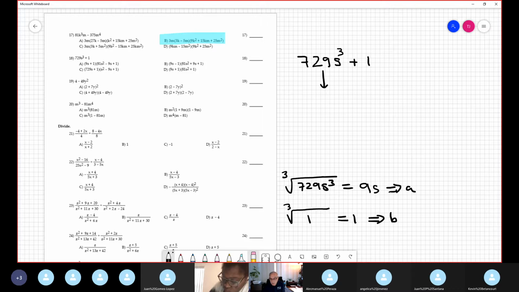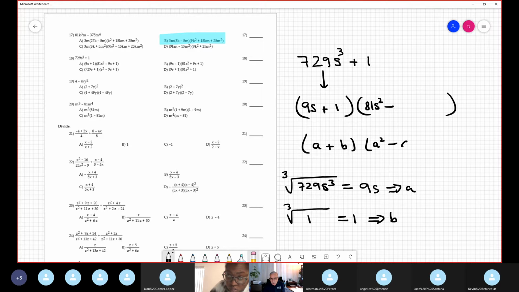Okay, I don't want to copy again. Open parenthesis, 9x plus 1. A squared is 81x squared, minus, and the formula is minus when it's a sum. So the formula is A plus B, A squared minus AB plus B squared.